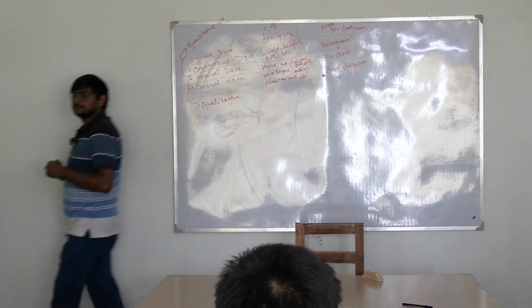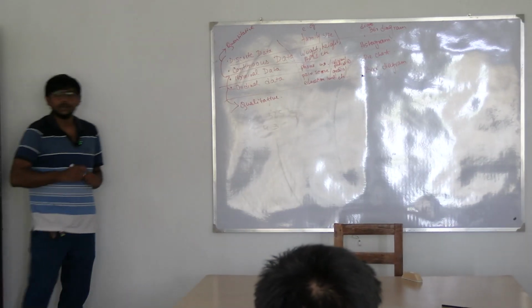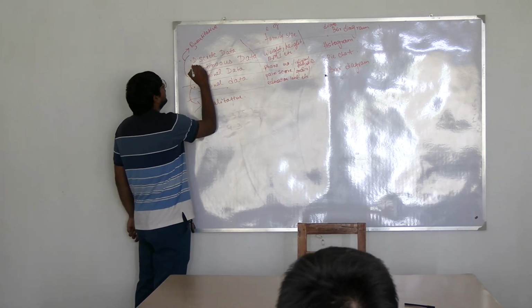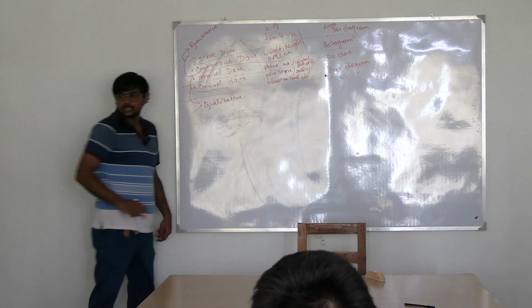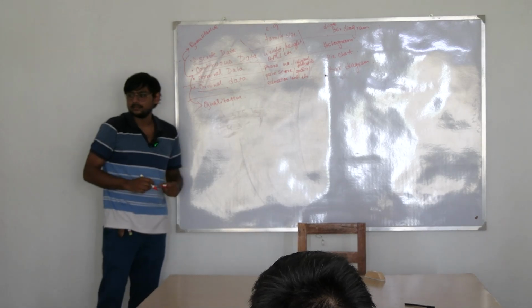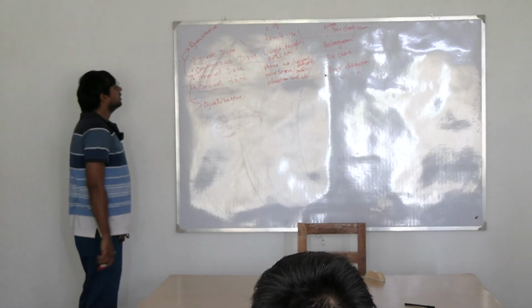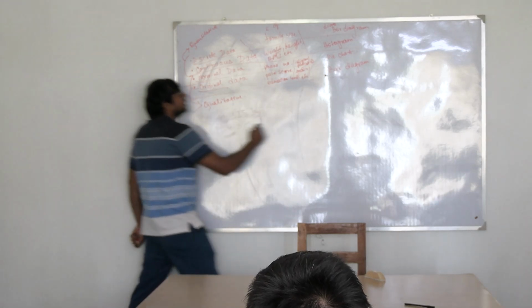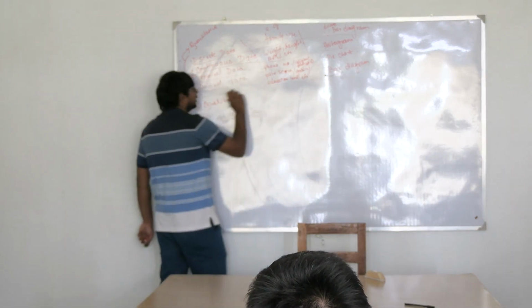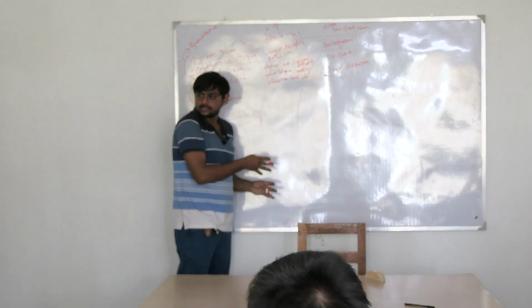Everyone knows why? Yesterday I explained why bar diagram for ordinal data, why bar diagram for discrete data, why pie chart for nominal data, and why histogram for continuous data. So now no one will have a problem deciding which kind of diagram to use for which kind of data whenever we are doing the analysis. Cool.